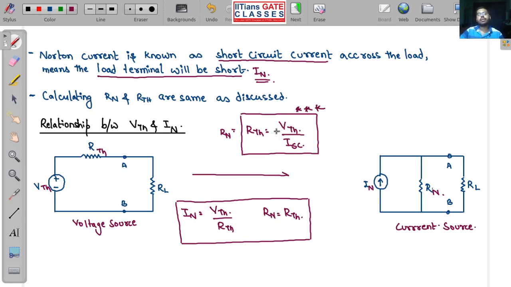You need to memorize that the Thevenin resistance, or Norton resistance, is equal to the open circuit voltage by Isc, because Vth I can replace by VOC, or I can write it as Vth by IN, in terms of Thevenin voltage and Norton current. Why? Because Thevenin voltage is known as open circuit voltage and Norton current is known as short circuit current. Okay. All the examples for this one we are going to solve in the next lecture session. Okay.